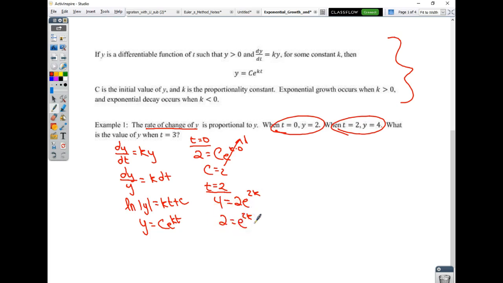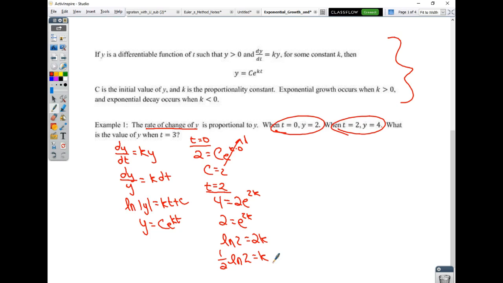I don't like the e, so I've got the natural log of 2 is 2k. By the way, I didn't put absolute value. Why did I not put absolute value? It's already positive. Don't waste ink on that. Lead, whatever you're using, as long as it's not blood. 1/2 natural log of 2 is k.